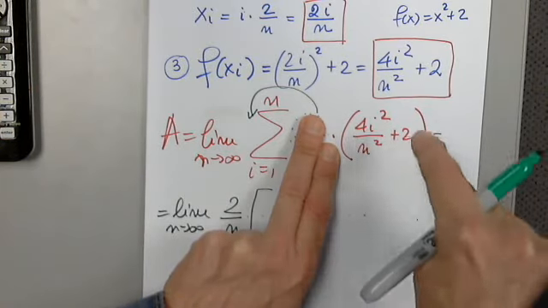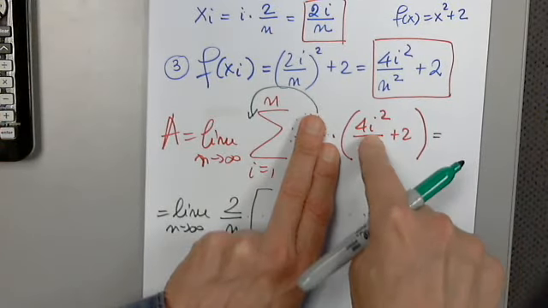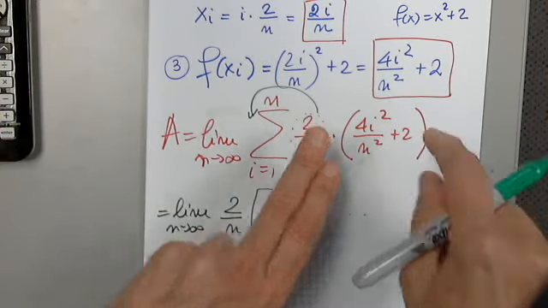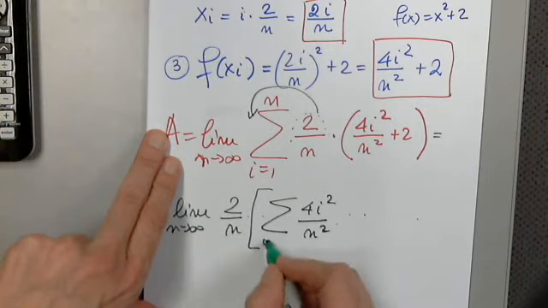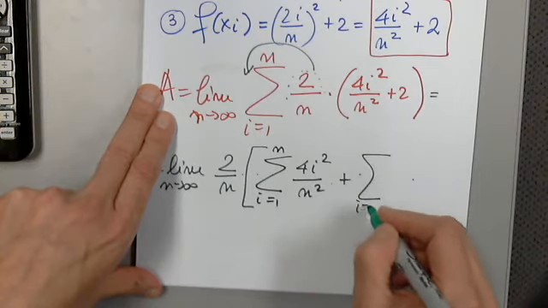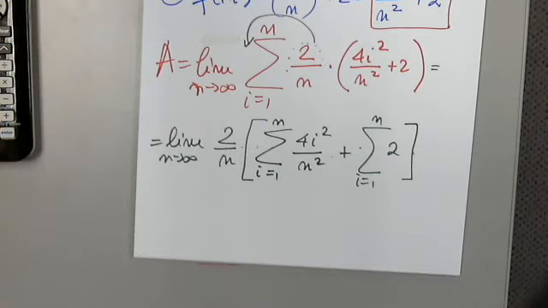The sum of ai plus bi is the sum of ai plus the sum of bi. Okay, so the sum of 4i squared over n squared from i equals 1 through n, plus the sum from i equals 1 through n of 2. Okay, now let's take a look. We have only 4 summations.